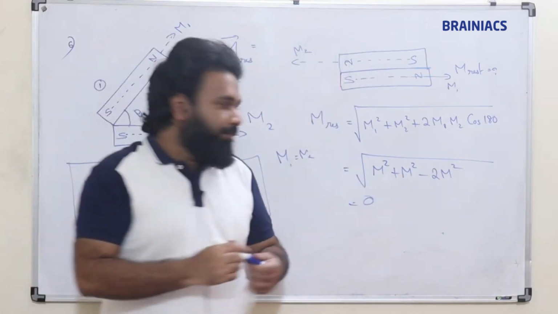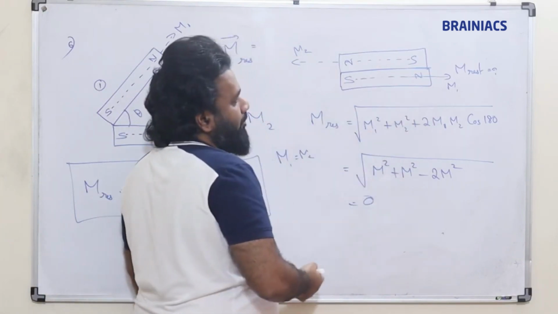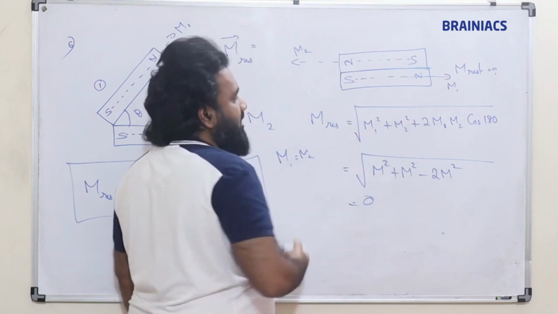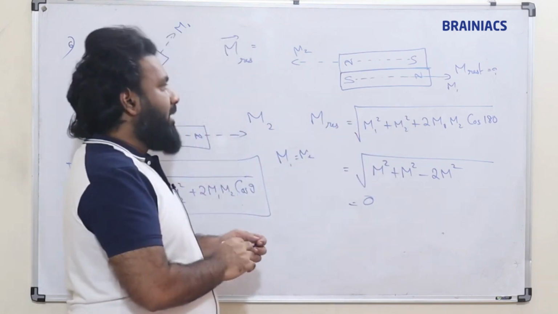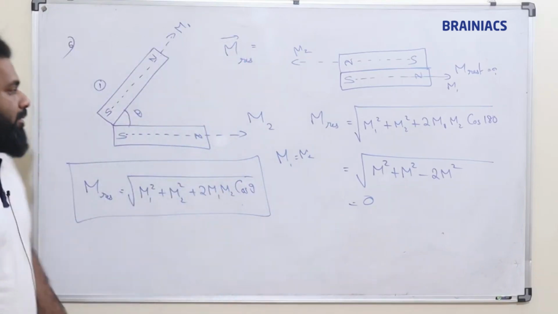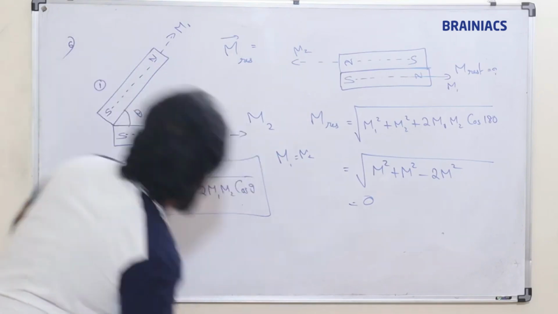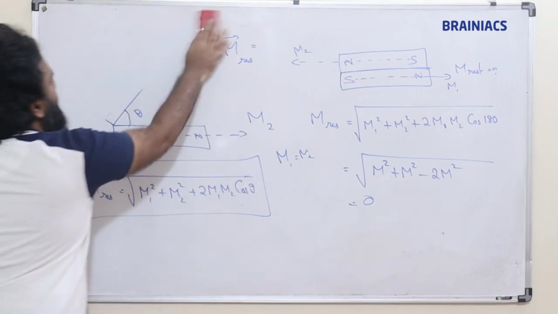If they are not the same, then we can take M1 minus M2. Clear? Based on the angle, we have to play carefully here. Okay, please note it down. Okay, done.